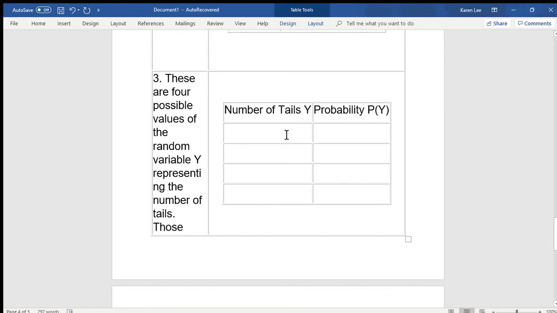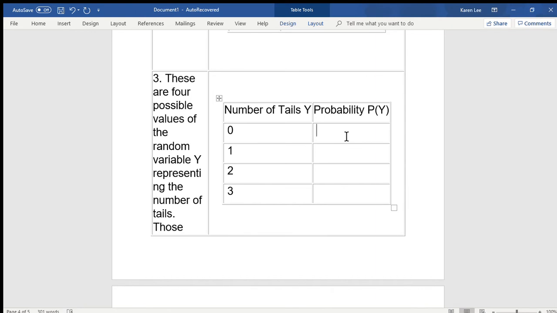Next, assign probability values P of y to each value of the random variable. So, earlier we saw that the possible values of the random variable are 0, 1, 2, and 3. So, let's have now the probability. There are 8 possible outcomes, right?